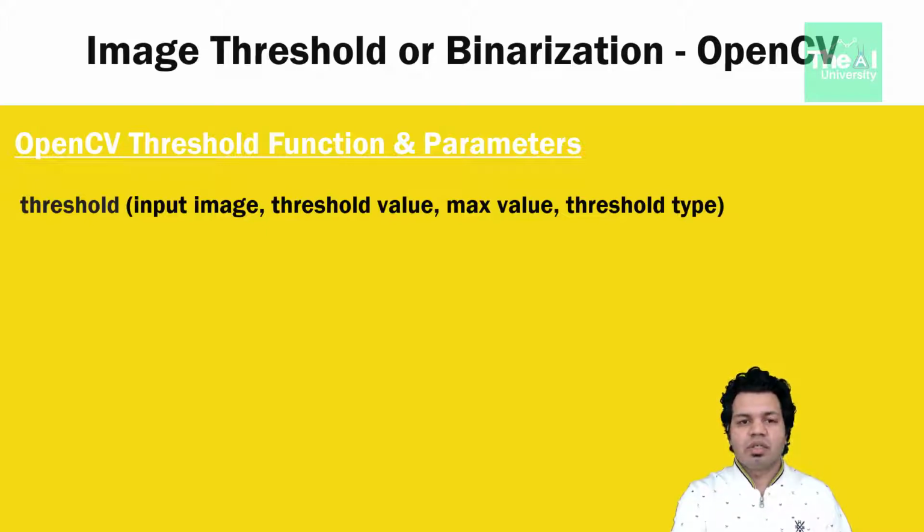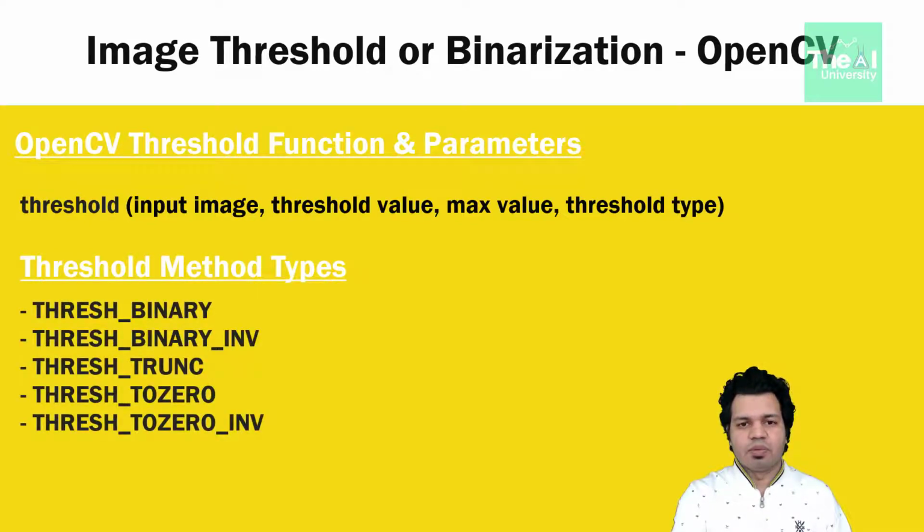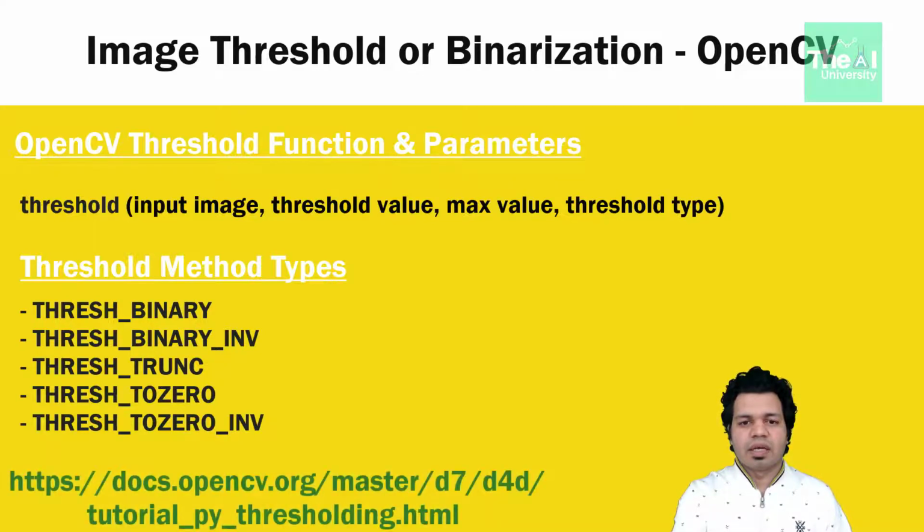Some of these threshold types are threshold binary, threshold binary inverse, threshold trunc, threshold to zero and threshold to zero inverse. I'm not going to go into details of each of these threshold types, but if you want to know more about them, then you can go through this link.